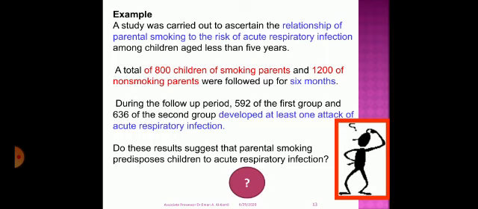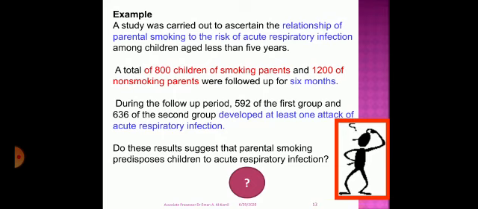So the studied group or the cohort: children under 5, normal, no disease, no respiratory infection, but their parents are smokers, while the second group or the control: also children under 5, but their parents are non-smokers.